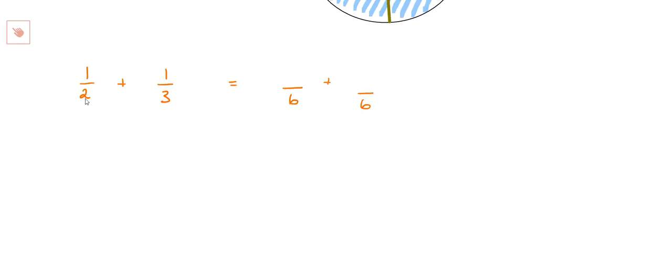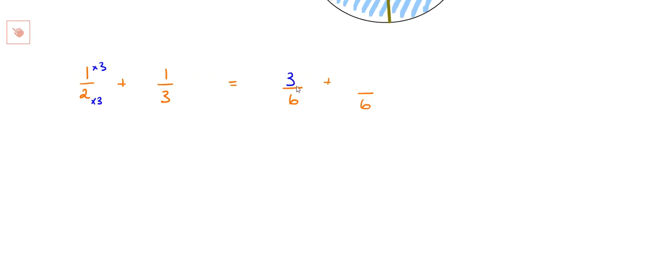What I've done here with halves, by turning it into sixths, I have made each piece 3 times smaller. So a sixth is 3 times smaller than a half. Therefore, I have to have 3 times as many of them. So instead of 1/2, I would have to have 3 sixths.